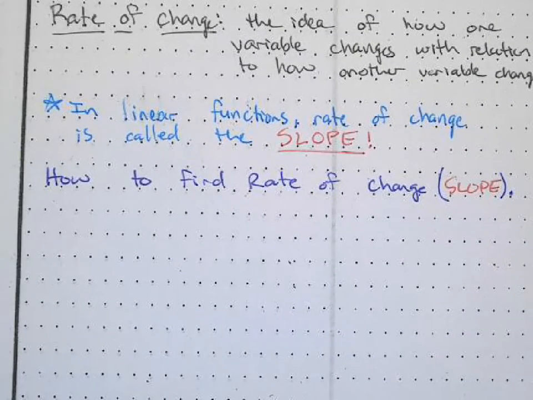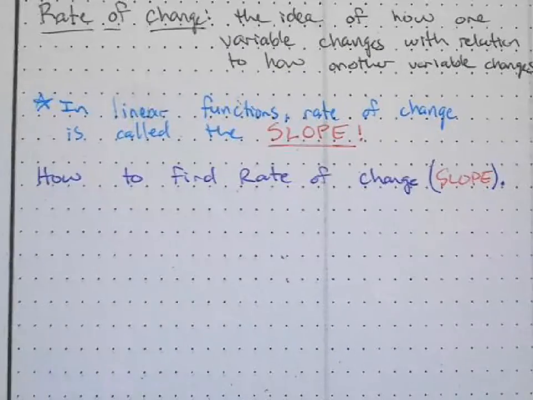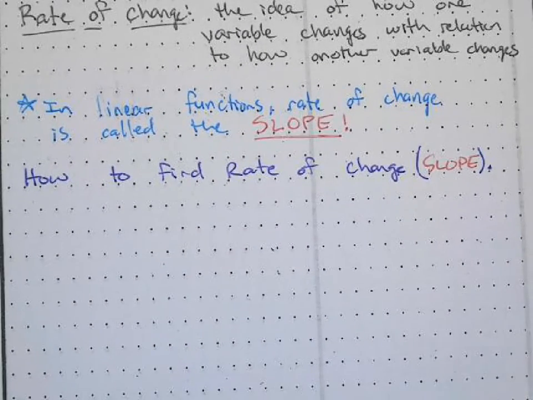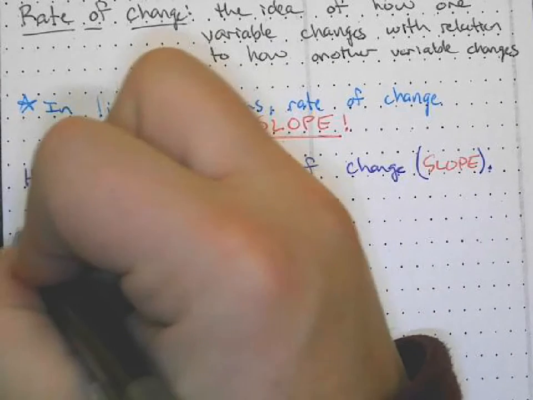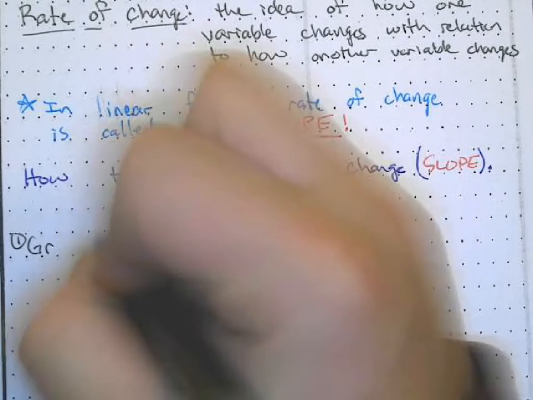So how do we find this rate of change, or slope? So the first one will be graphically.